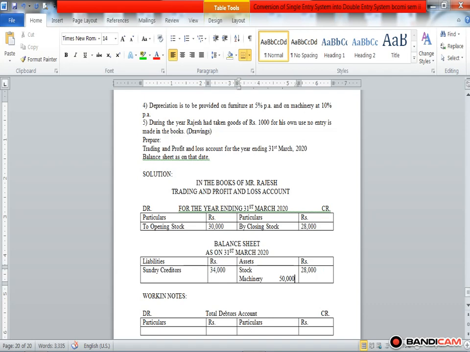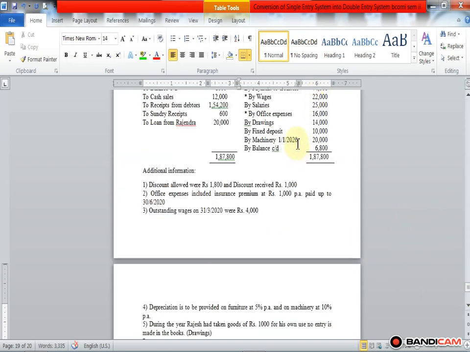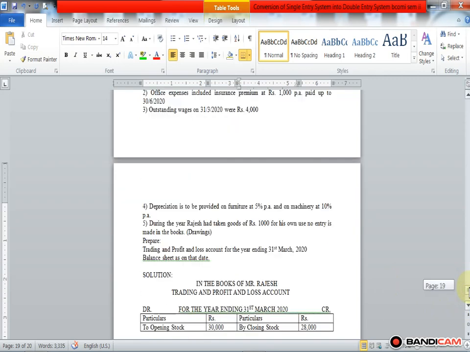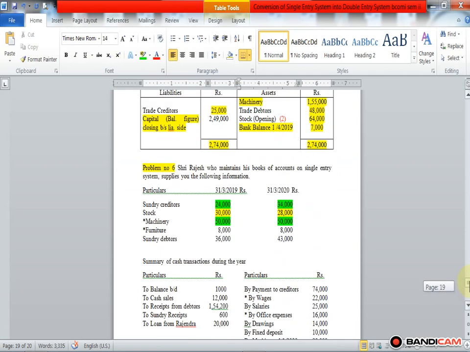Some additional machinery was purchased on 1st January 2020, and one adjustment is given on machinery, that is 10% depreciation. We discussed this adjustment in our previous lecture, so there is no need to discuss this problem again.